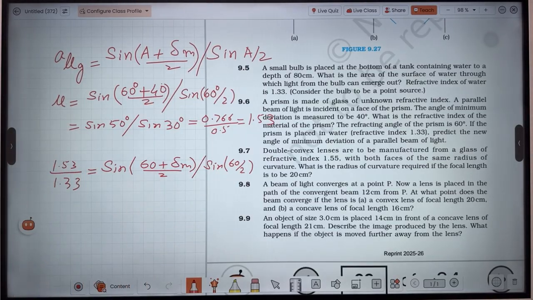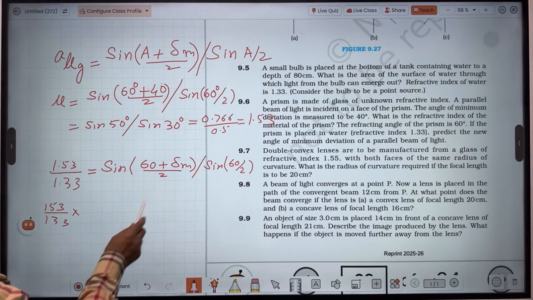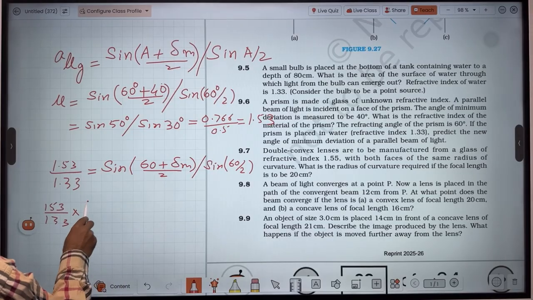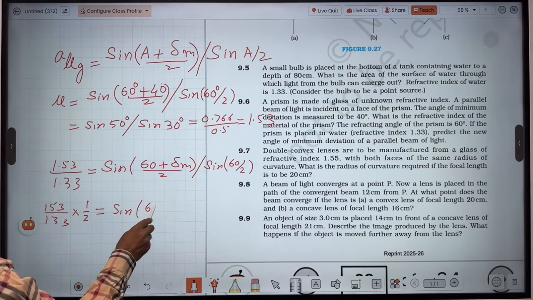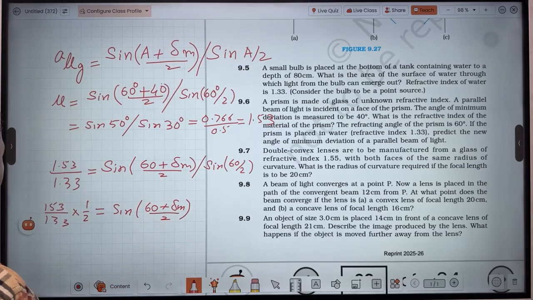So we can further simplify 153 divided by 133 into, here sine 30 will become half, so we can multiply to this side, so half will come over here, and this will be sine of (60 plus delta m) divided by 2. Right, we can simplify.